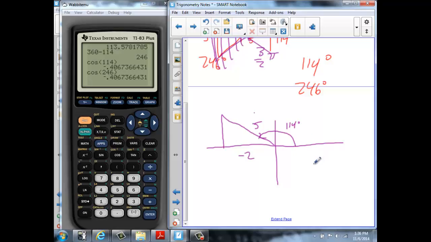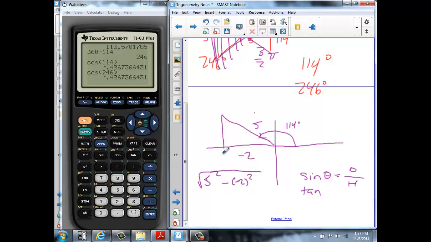That makes sense? Now the question is, what are sine, tan, what are these guys equal to? What is sine typically equal to? Opposite over hypotenuse. Well, I have the hypotenuse, it's 5. Could I find the opposite value? Pythagorean theorem. So this time it'll be 5 squared minus -2 squared, square rooted.